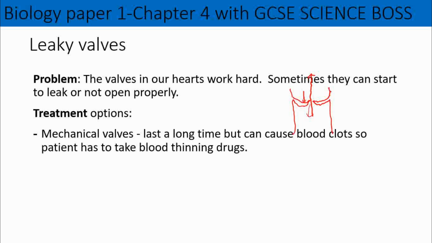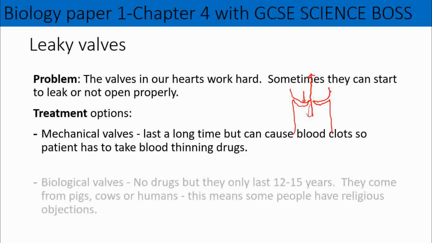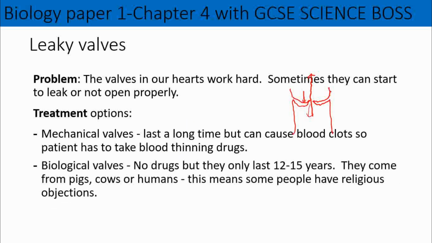This is treated by using a mechanical valve. They last a very long time, but one of the issues is that they can cause blood clots that could then result in a stroke. So the patient is given blood thinners. You can also be given a biological valve, believe it or not.